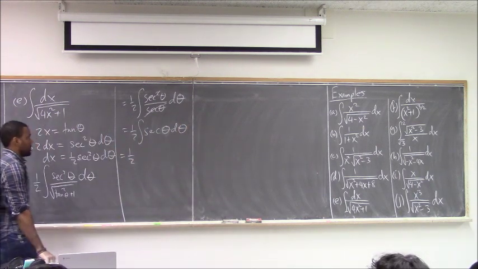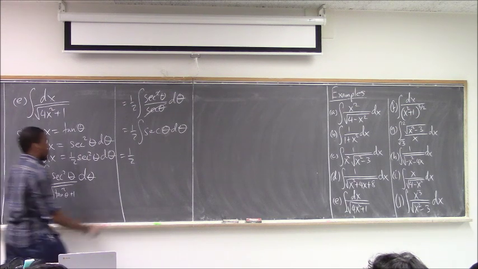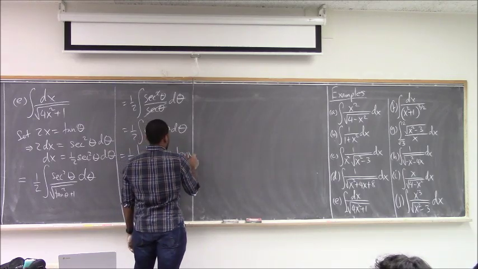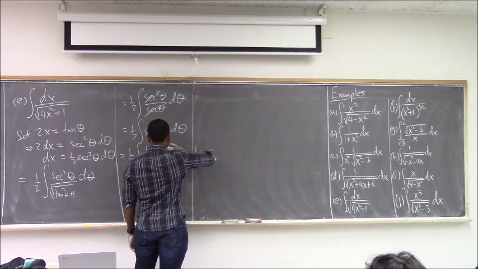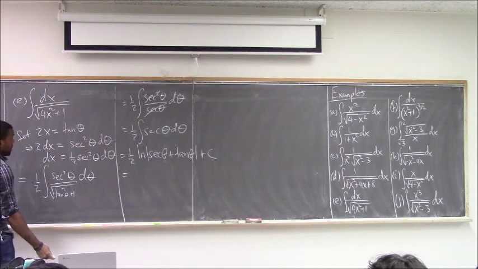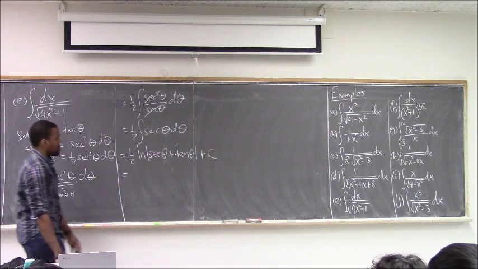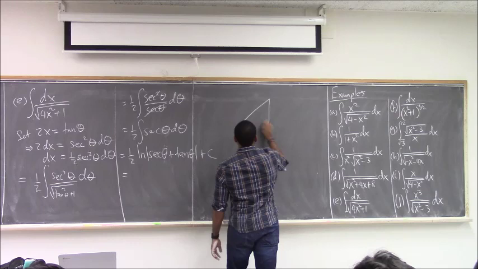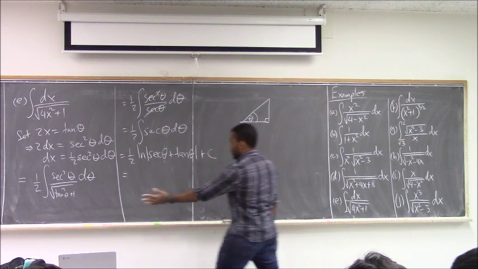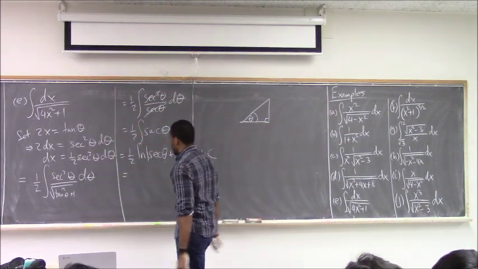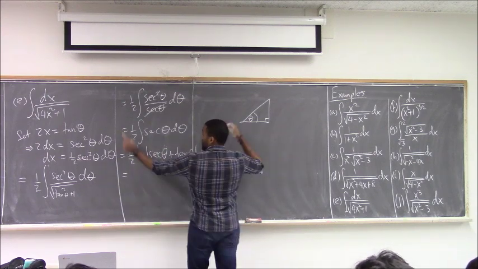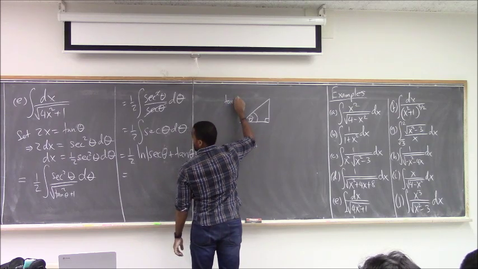What's the integral of secant? Jhevon, you're sleeping. Made him get it. How do I change that back to x's? Triangle. So obviously you guys are building up some strategy in your mind for this. You get your useful expression, change it to a trig function, use the rules that I taught you in 8.3 to solve that integral. When you want to get back to the original variable, triangle. So the triangle in this case is tangent theta is equal to 2x.